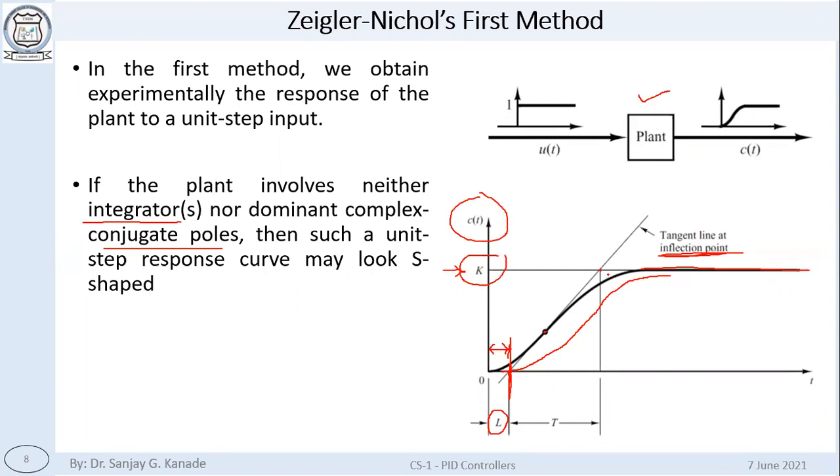And this is the point of intersection where the tangent intersects with the steady state value line. The time taken by the tangent is T. This is the second parameter. Remember, both the parameters L and T are marked on the x-axis.